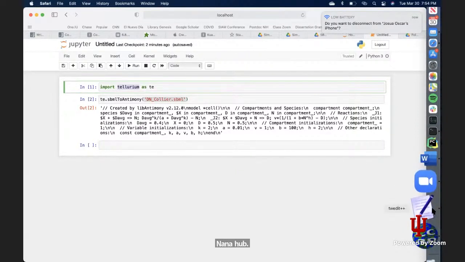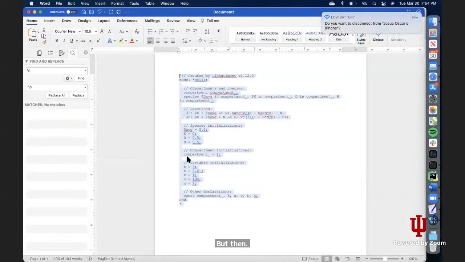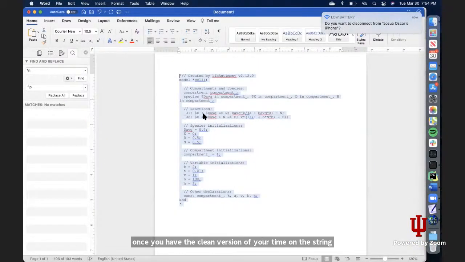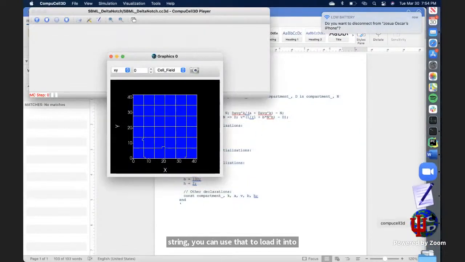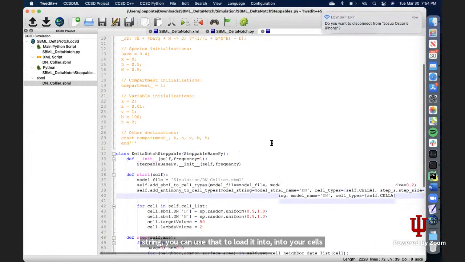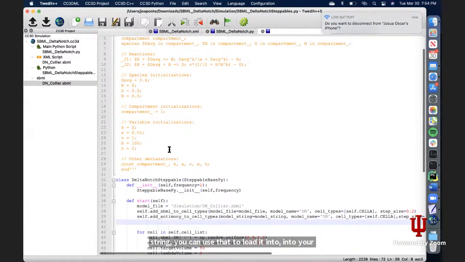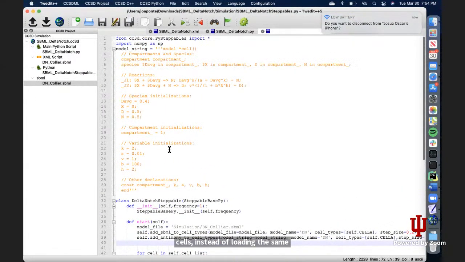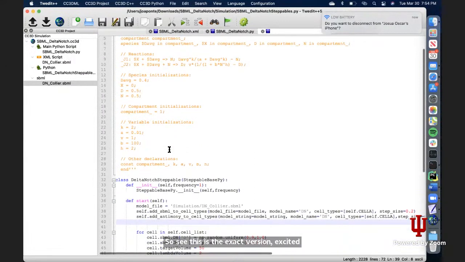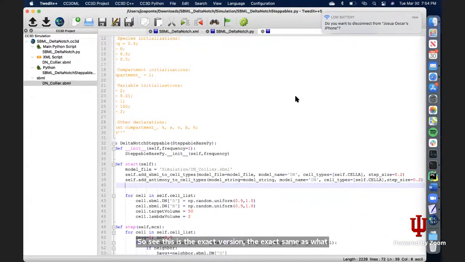Once you have the clean version of your Antimony string, you can load it into your cells instead of loading the SBML. So this is exactly the same as what you just saw, and loading it either from the SBML or as the Antimony string is supposed to be equivalent.